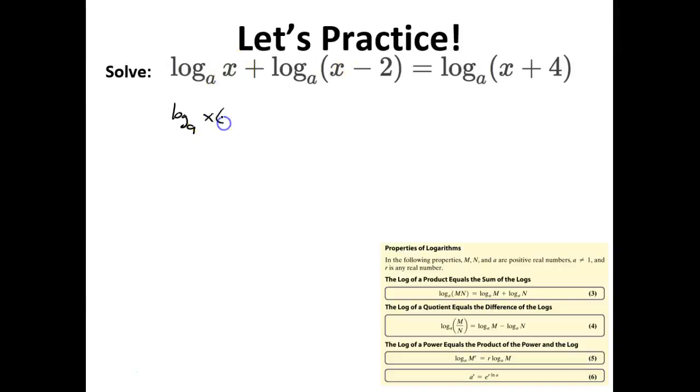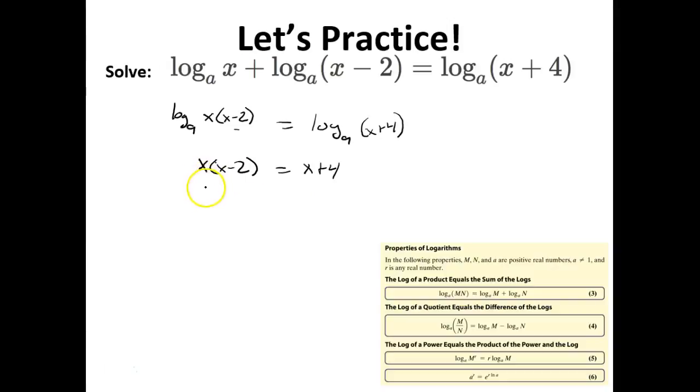So x times x minus 2, and that's going to equal log base a of x plus 4. Well, if these 2 logs are equivalent, they have the same base, what's inside, the x times the x minus 2, has to be equal to the x plus 4. So once we have a single log on both sides, we can set just the insides equal to each other.